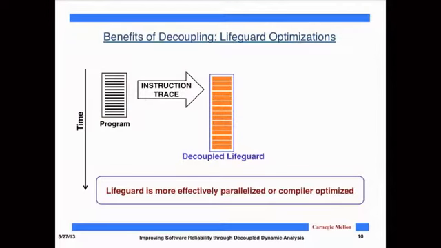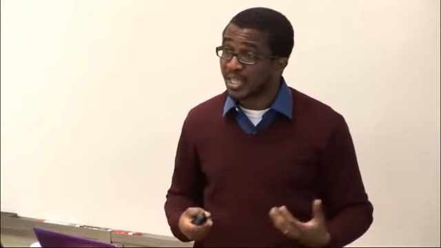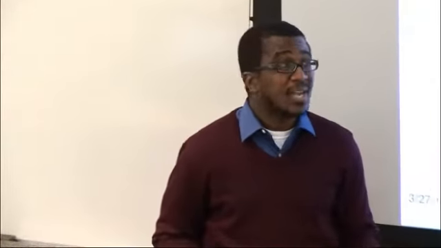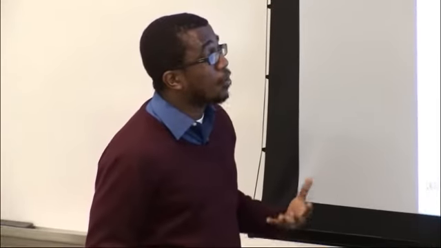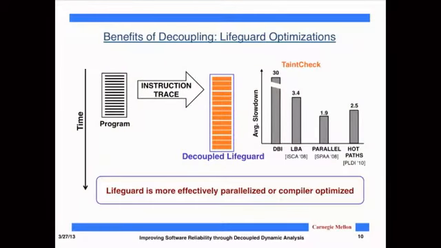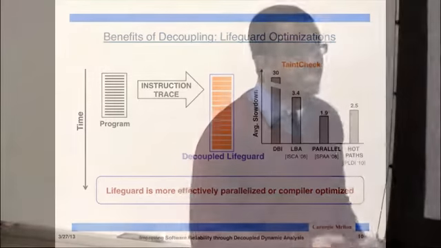Another benefit of decoupling, which is what I spend most of my time working on, is that the Lifeguard actually becomes easier to optimize. So the Lifeguard code can be optimized. In particular, and I'll talk a lot more about this later, it's much more effective to parallelize the Lifeguard or even apply interesting compiler optimizations on the Lifeguard code, basically by decoupling it.